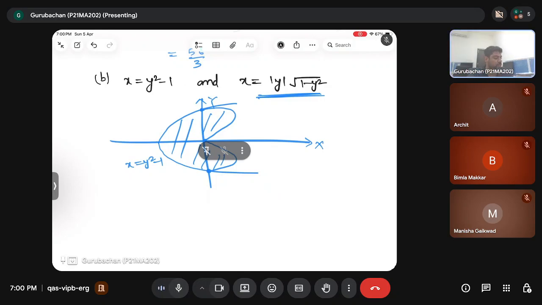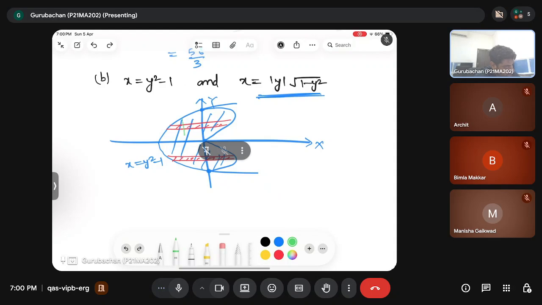So there are two ways of integrating it again. One is to take the horizontal strip, and one is to take the vertical strip.